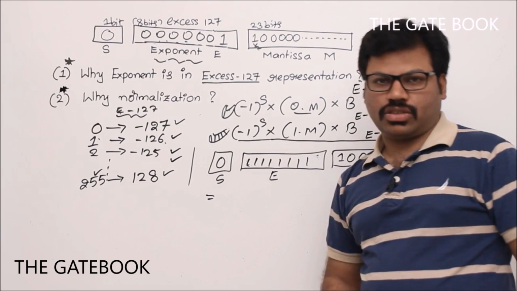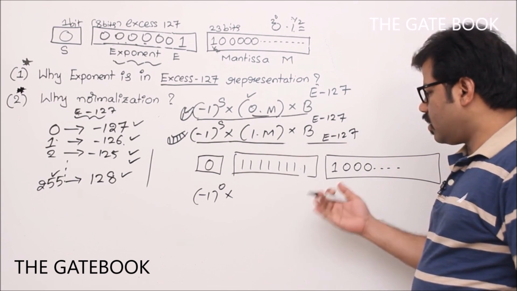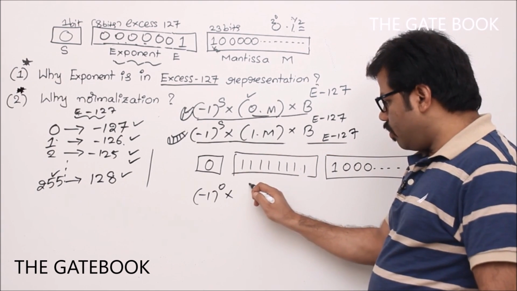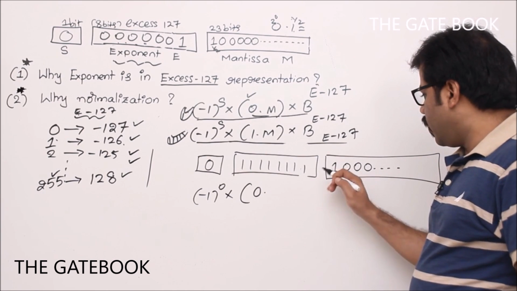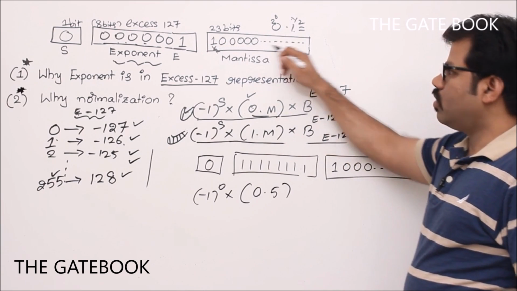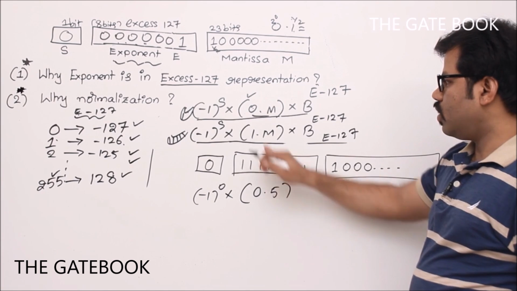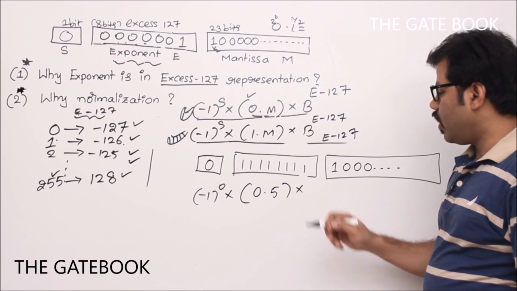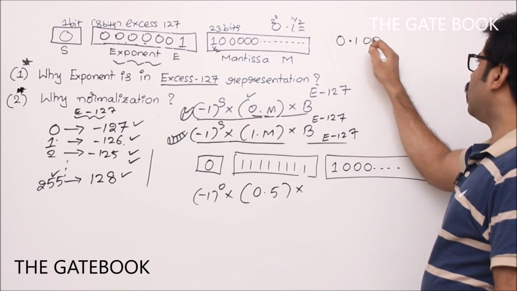First of all, let me ask you. This is equivalent to -1 whole power 0 into, so we are just learning how to interpret this as a value, right? 2 to the power of, first of all mantissa, 0 point mantissa. What is the mantissa value? We know, right? Whenever you have 1 0 0 0 and so on, it is nothing but 0.5, correct? I am using 0.m representation, if you have a doubt, you just check it out. 0 point mantissa, mantissa is nothing but 1 0 0 0 0.